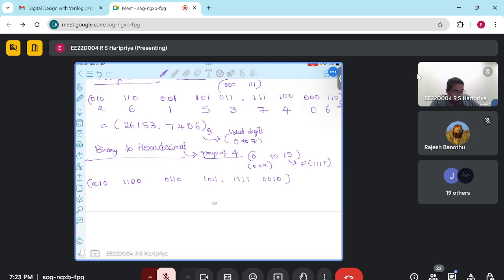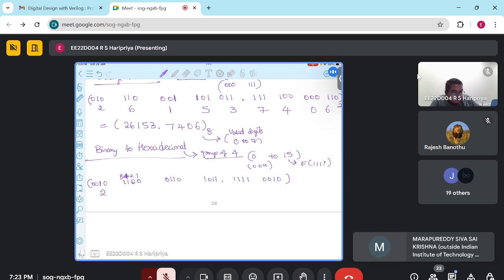So we can append two zeros. This is equivalent to 2, 6. No, it is 8421, the base of the system. So 8 plus 4, 12. 12 is equivalent to C. 6.